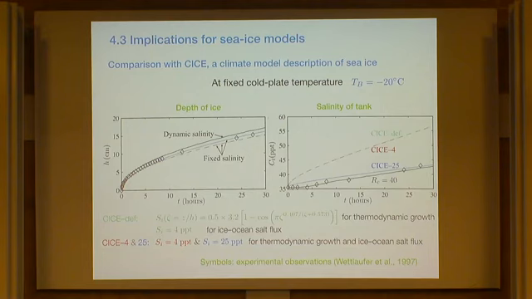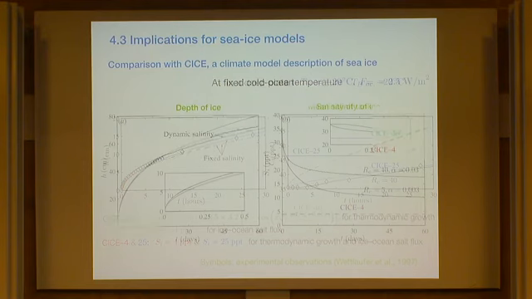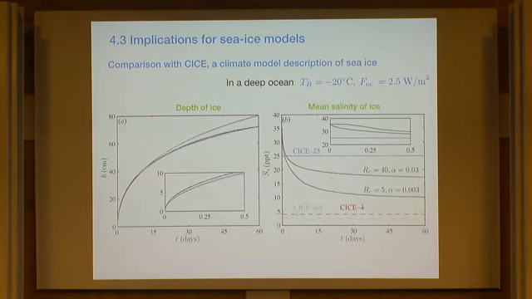Now a slightly fairer comparison is to allow the ice to go into a deep ocean and prescribe heat flux. So this is a typical value for an oceanographic heat flux. Again, the depth of the ice you get doesn't depend hugely on how you represent the salinity of the ice. However, the bulk salinity of the ice in climate models is typically prescribed to be down here.